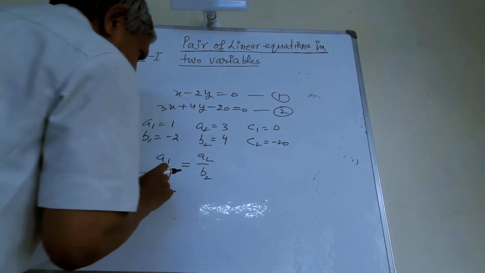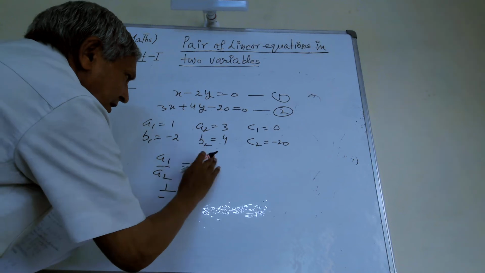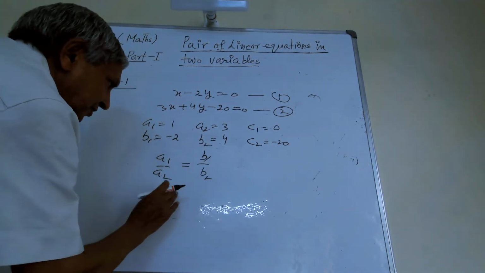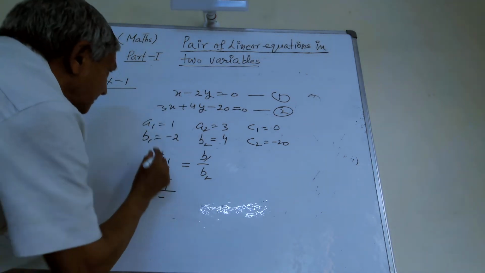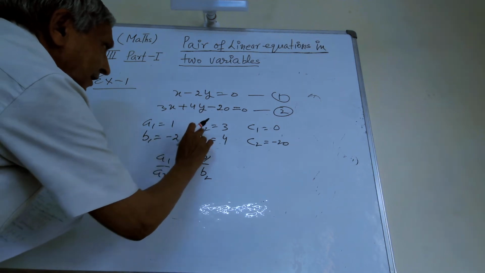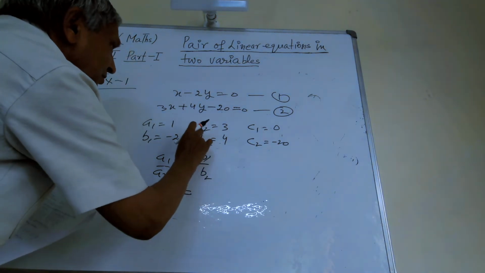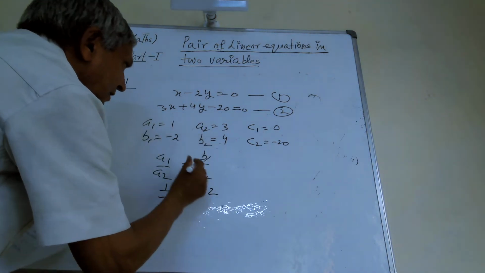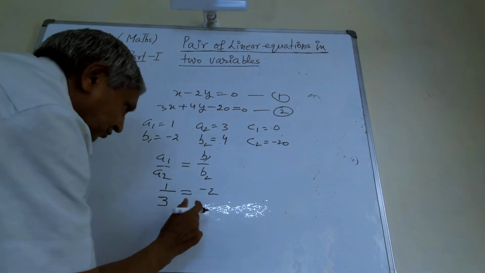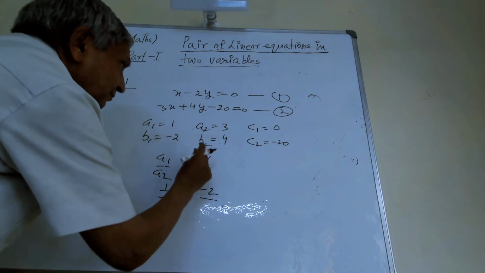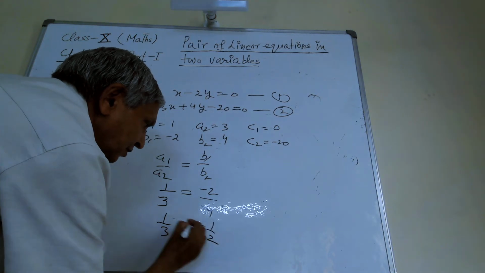a1 upon a2, b1 upon b2. This is the condition. a2 is equal to 3, b1 is equal to minus 2 and b2 is equal to 4. a1 upon a2 is 1 by 3, b1 upon b2 is minus 1 by 2.